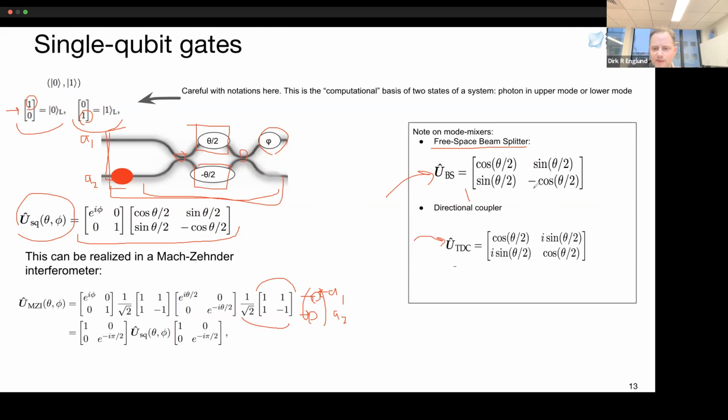You see there's a slight difference in the notation, but their function is essentially the same. If we start with this field here, then we can transform that through this first 50-50 beam splitter, which we can obtain using the free space beam splitter, plugging in theta equal to pi over 2. That gives you this expression here.